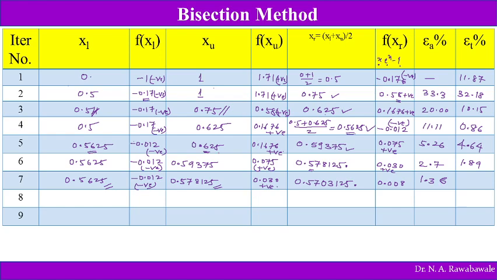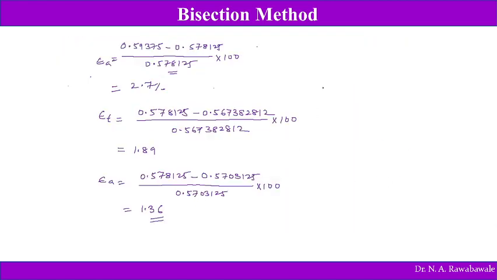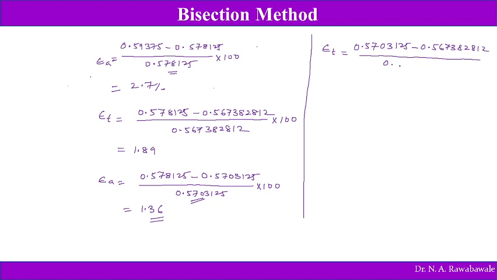And then we find the true error. True error is equal to, the true value of the function we know is 0.567382812, and the revised approximate value is 0.5703125. So 0.5703125 minus the true value 0.567382812, divided by the true value 0.567382812, into 100.